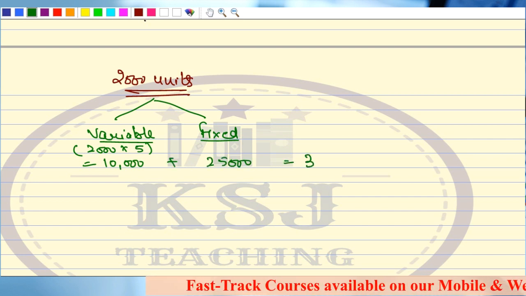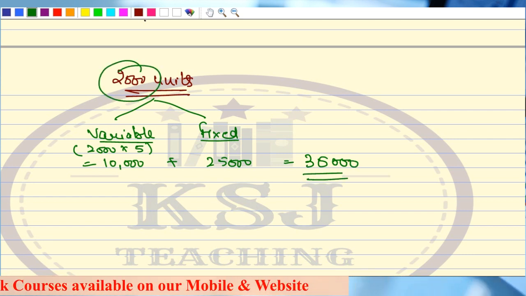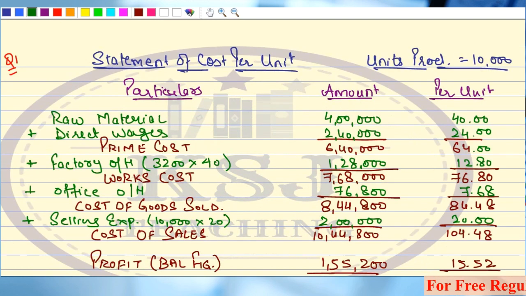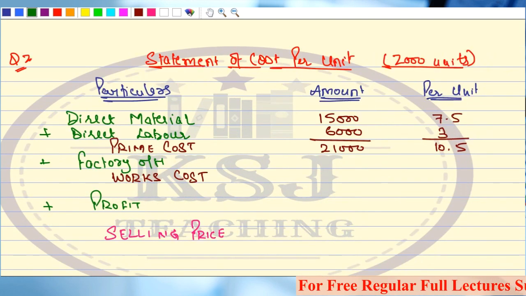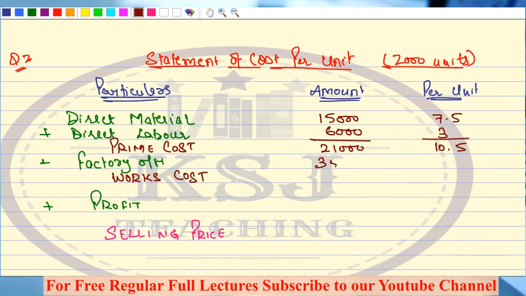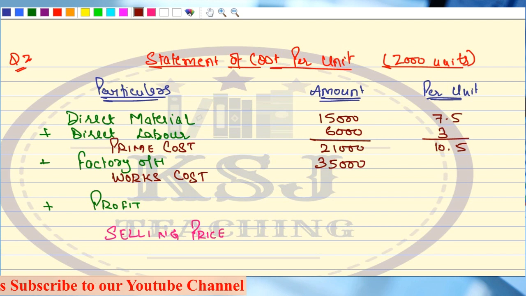So the total cost will be 35,000 at 2000 units. Any doubts? So if I have to write here, I will write 35,000 factory cost. Any doubts in this part?